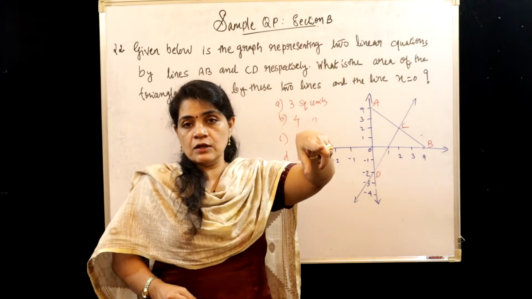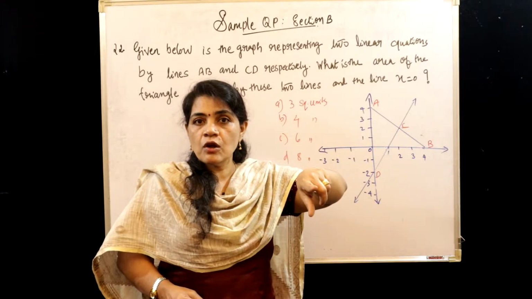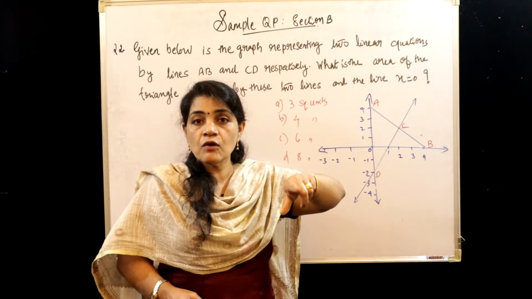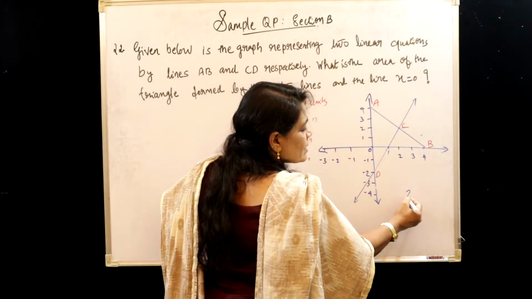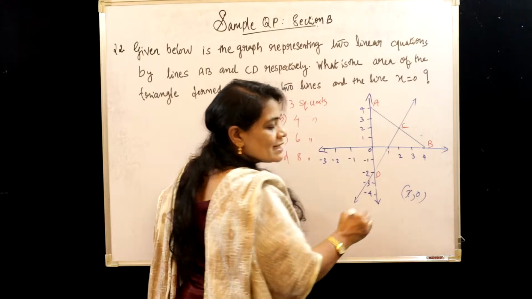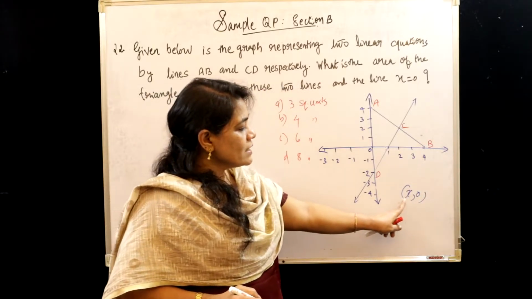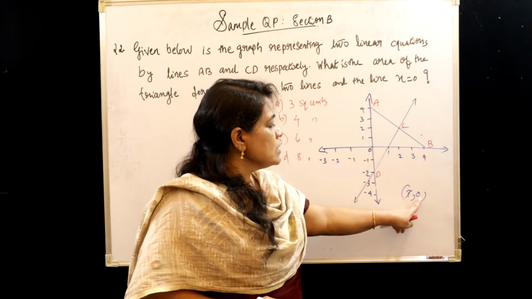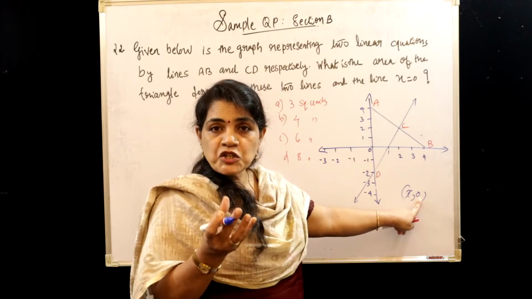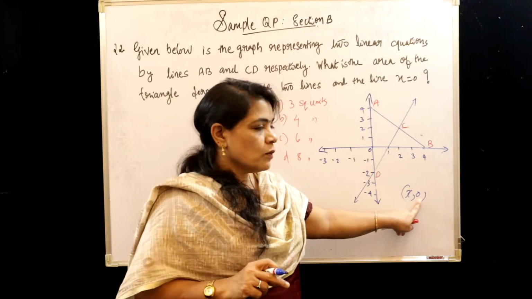X equal to 0 is the equation of the y-axis. See children, if any point lies on the x-axis, its coordinates are of the form x, 0, that means y is 0.